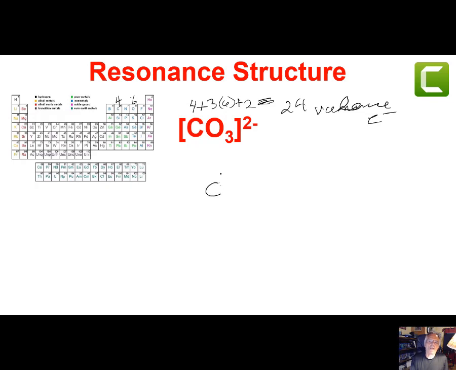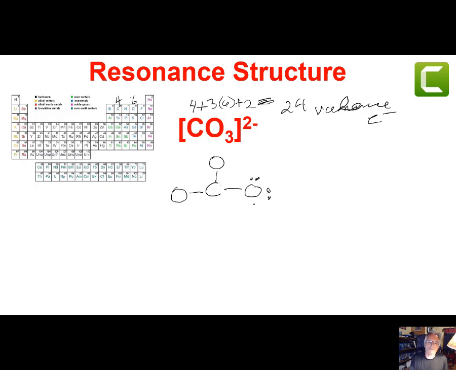So here we go, there's carbon. I'm just going to go ahead and plop the substituent atoms around carbon. I'm going to give them everything they want. Now I'll go ahead and use bonds here just to make things a little bit neater. So we've got 2 electrons for each of these bonds that I've put on oxygen. We'll go ahead and use dots.